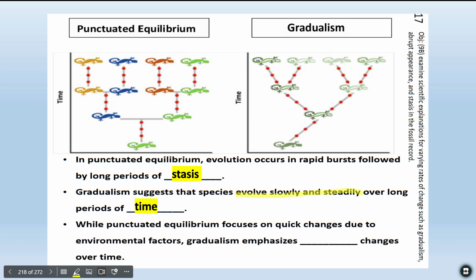On our first one, we're going to highlight rapid burst followed by long periods of stasis. Again, stasis means no change. So while punctuated equilibrium focuses on quick change, gradualism emphasizes gradual changes over time.